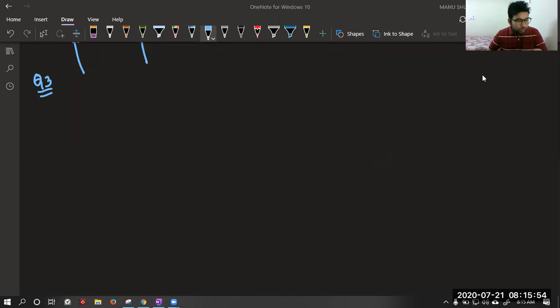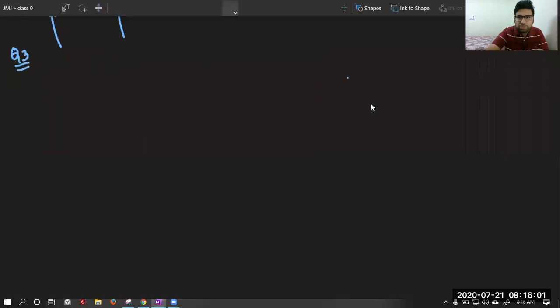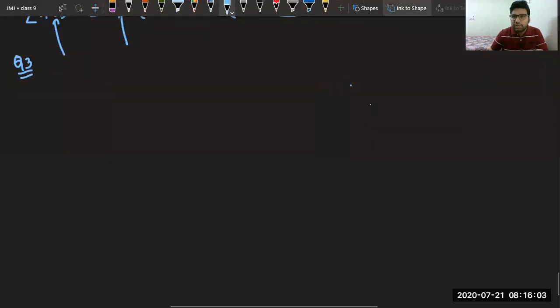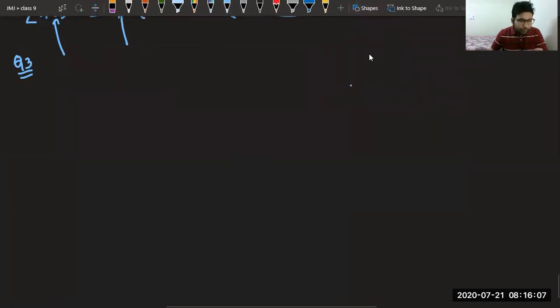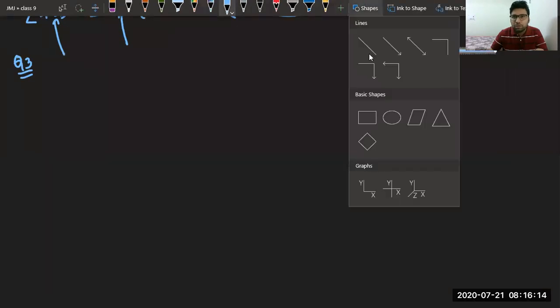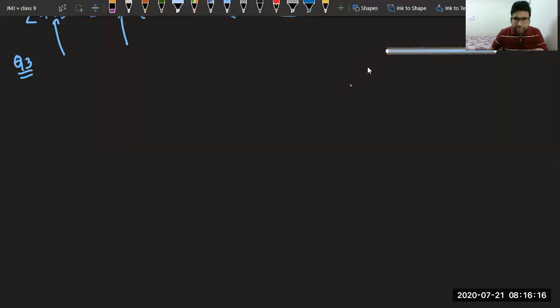Now, it is saying AD and BC are equal perpendiculars. Let me go to the screen. Yes, it is saying there are two perpendiculars AD and BC. So, first perpendicular, second perpendicular, like this.